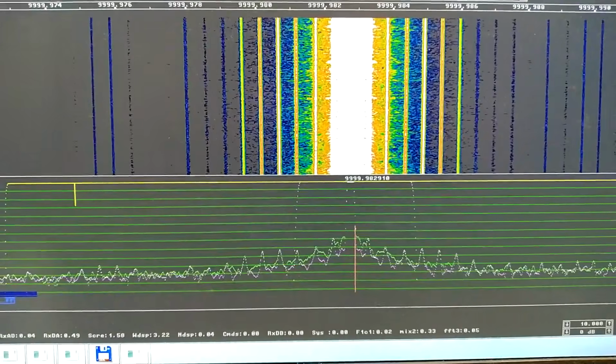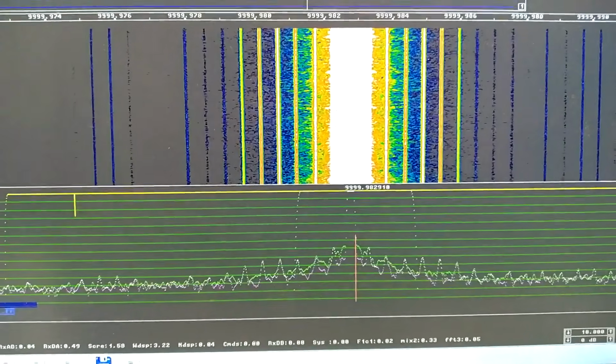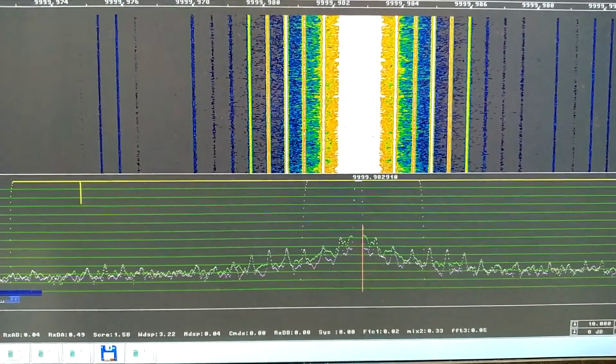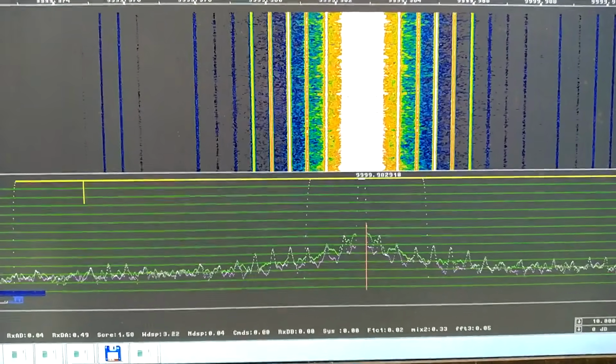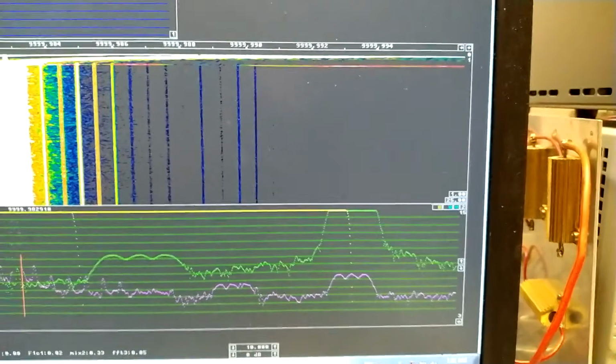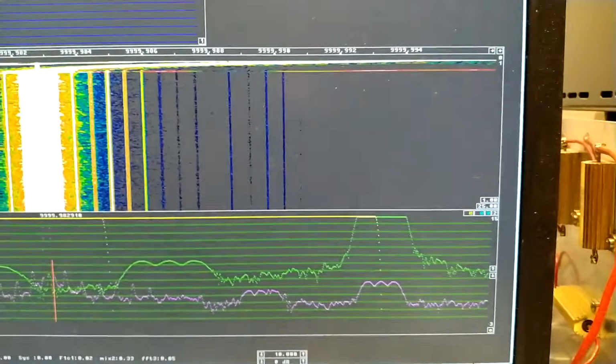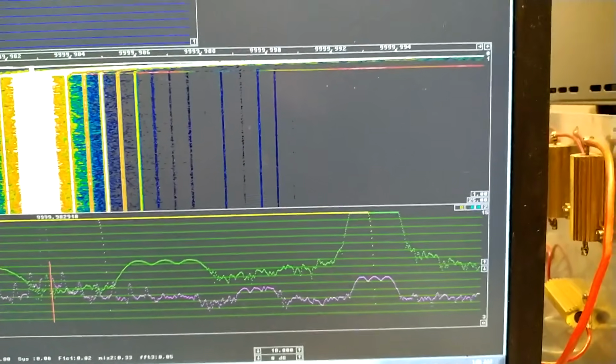So now I will disconnect the power supply to the thermostat to see what happens when the temperature is changing on the crystals. Now the frequency has changed by about 10 Hz, and the phase noise in channel 1 is still unaffected.